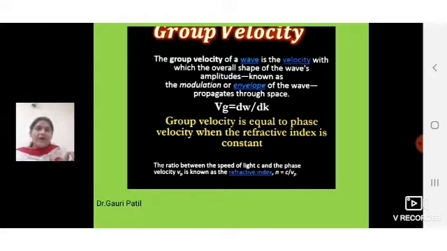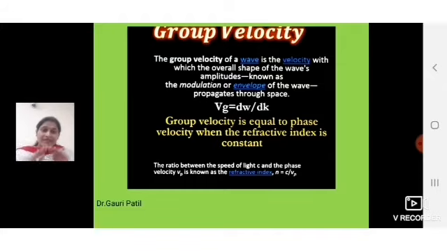I will explain again what is meant by group velocity. Group velocity of a wave is the velocity with which the overall shape of the wave's amplitude propagates. If there are two waves traveling and they are superimposed on each other, then we get the wave packets, or the envelope or modulation of the wave.